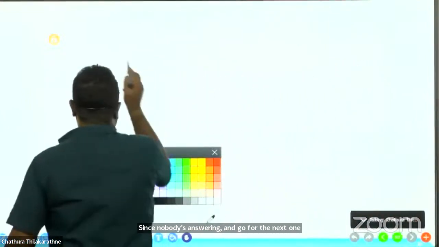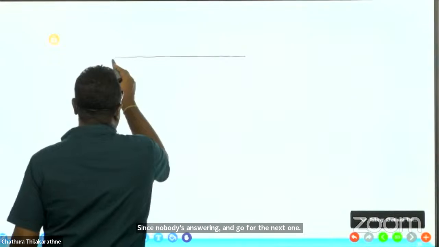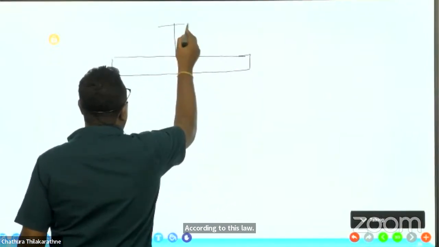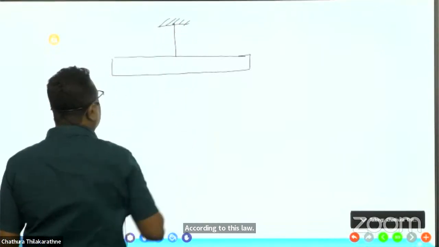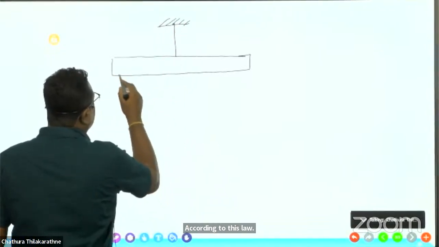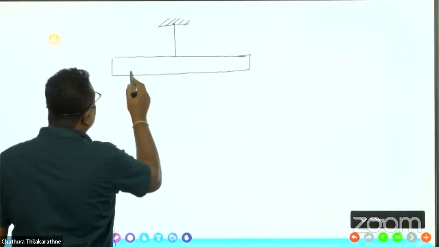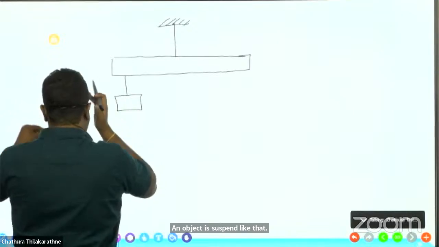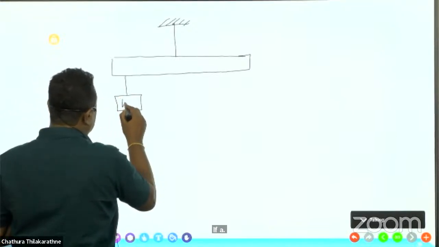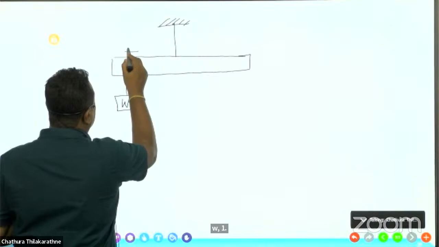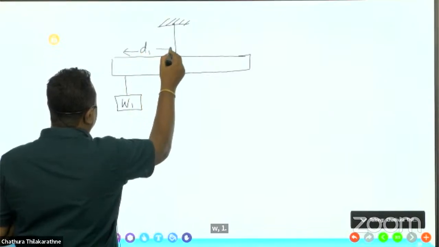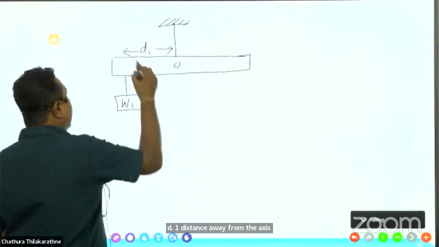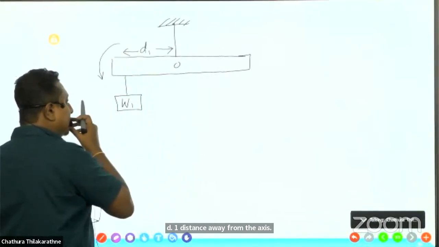Look at this figure 2. According to this law, an object is suspended like that. If W1 weight is hung D1 distance away from the axis, it gets an anti-clockwise moment.